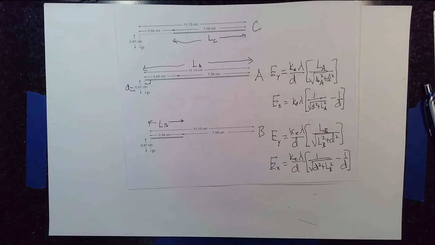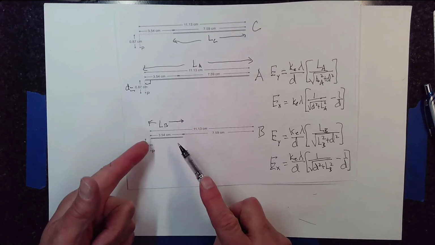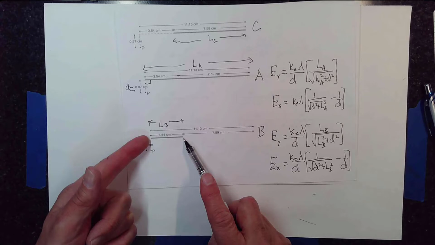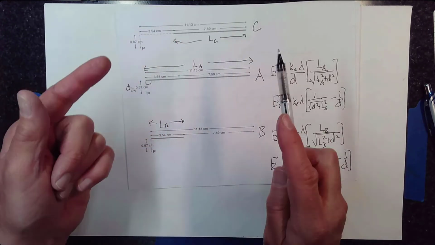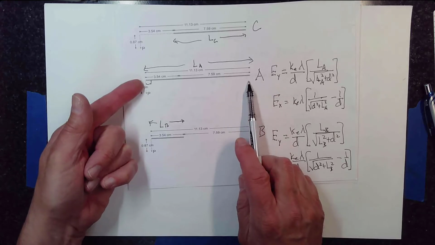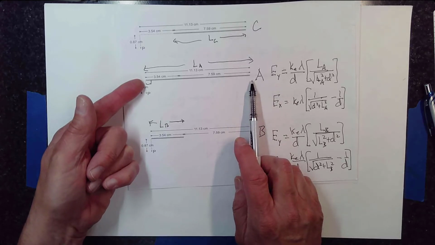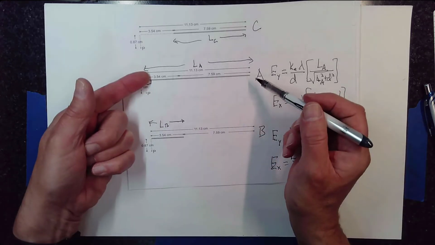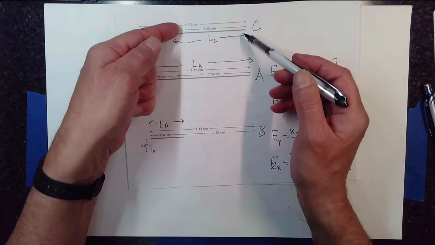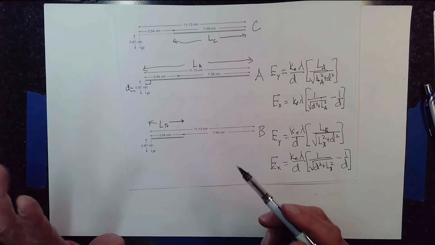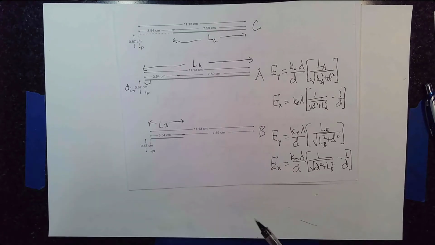All right, well, guess what? The electric field of situation B plus the electric field of situation C will equal the electric field of situation A. Situation A is just adding together these two charge distributions, and electric fields are additive. That's the superposition of forces, and so we'll have that.